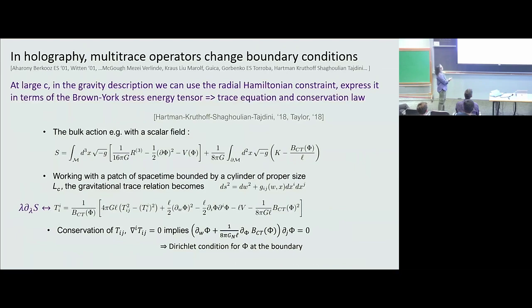So you can organize that, as was really pioneered by these authors, is to process the Einstein equations, like the radial Hamiltonian constraint, rewrite it in terms of this Brown-York energy that I defined earlier, whereupon you get a formula for the trace of that Brown-York energy and some stuff on the right-hand side.